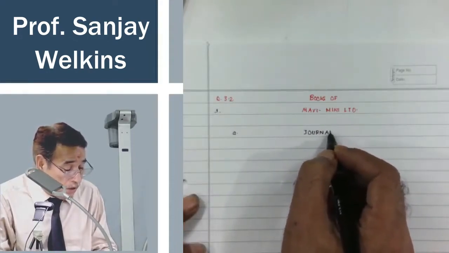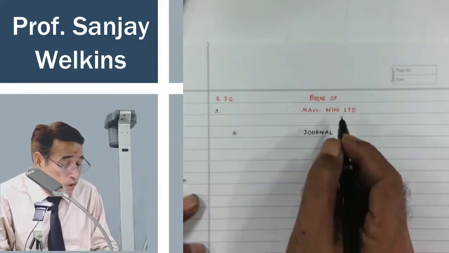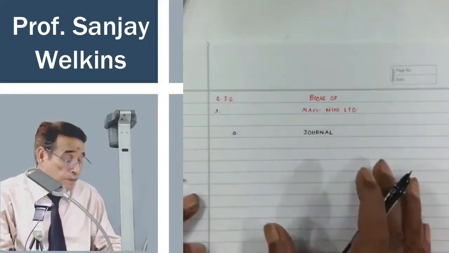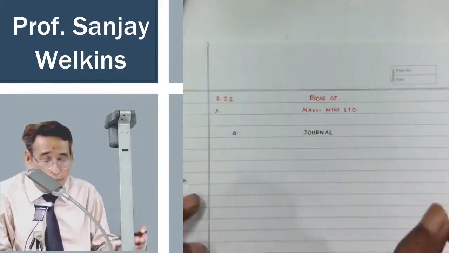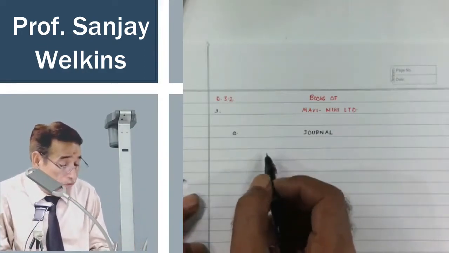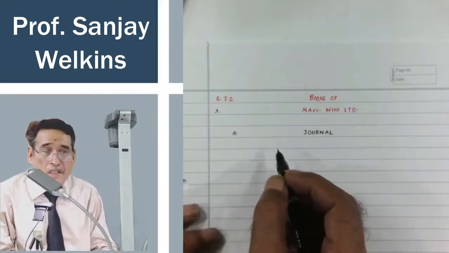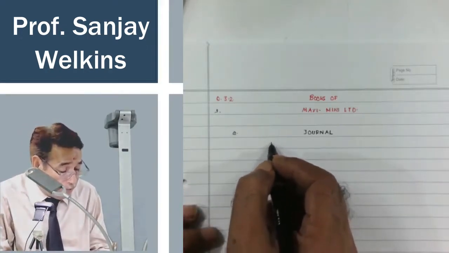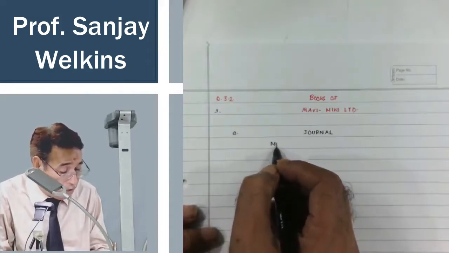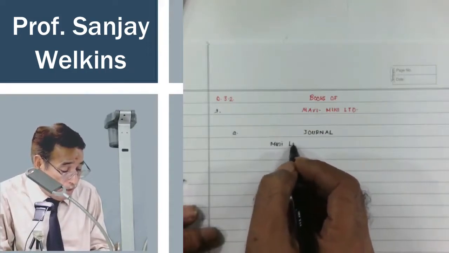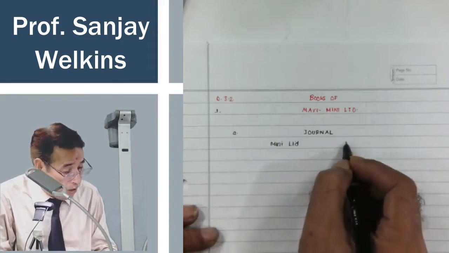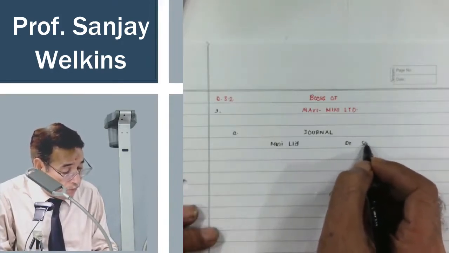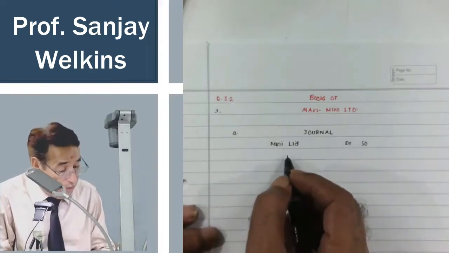Out of Maxi Mini Limited, one division is moving out, correct? And we are selling this division to Mini Limited. So first of all, I am going to debit Mini Limited. And Mini Limited has promised us to pay 50 crores worth of consideration.